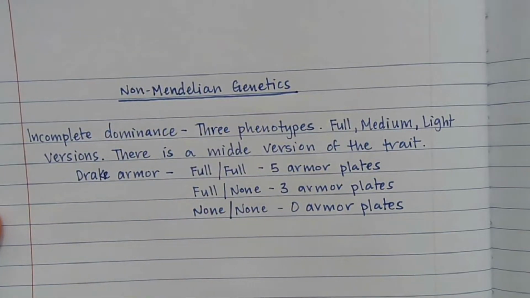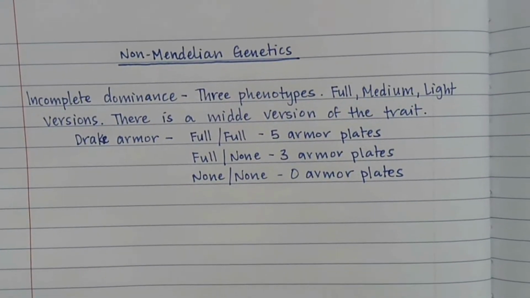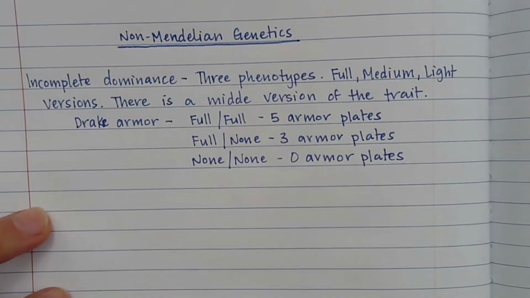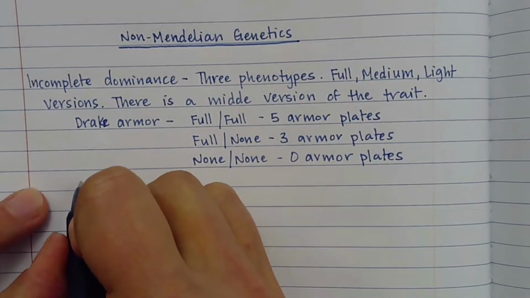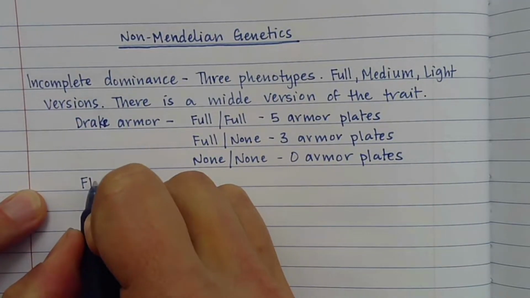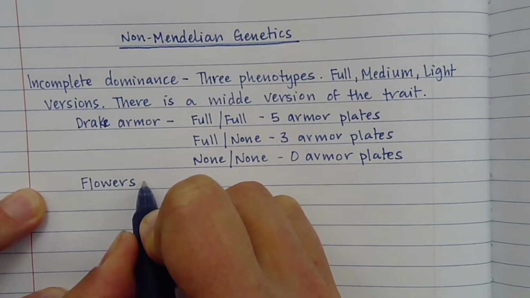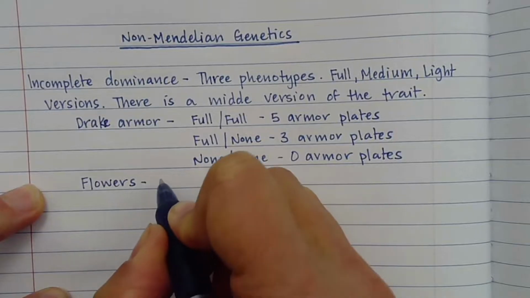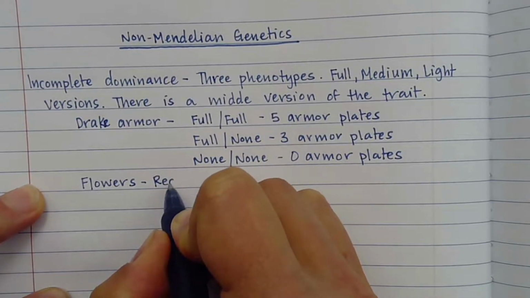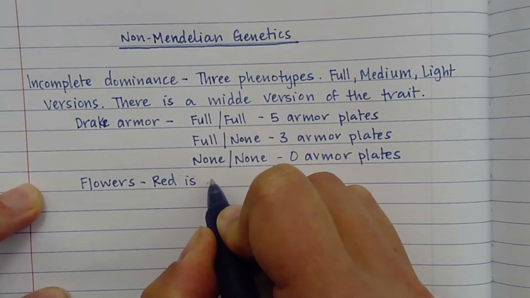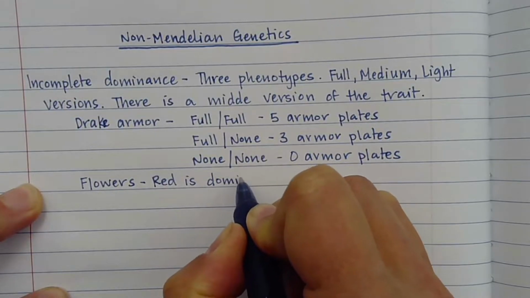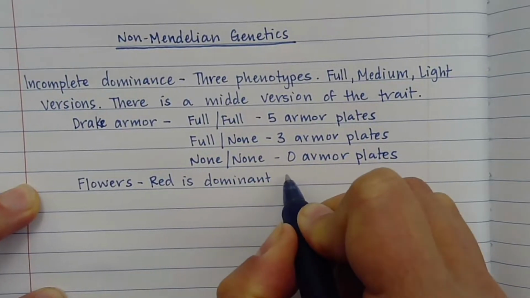Now this also happens in real life, and it happens a lot with plants. So when we're looking at flowers, this is not all flowers, but it is some flowers, we have red is dominant to white.